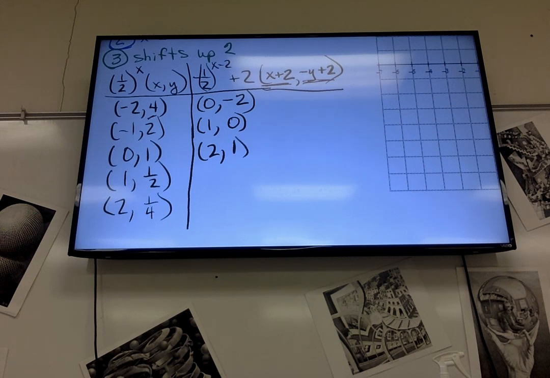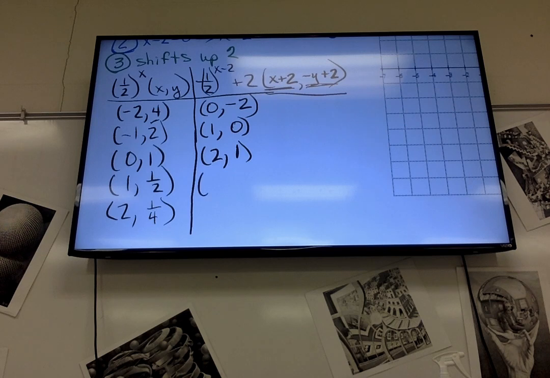For the x coordinate, Kendrick? 3. And for the y coordinate, Jenna? 1.5. Yes, what you do is you do -1/2, because the y is negative, and then plus 2, which would be 4/2, so that's 3/2, which is 1.5.